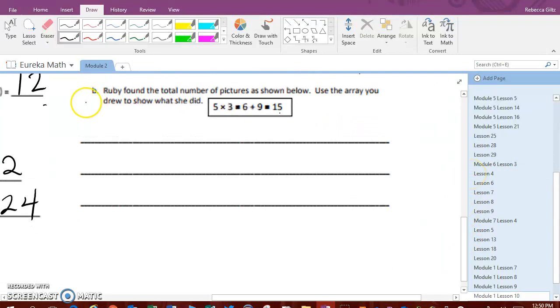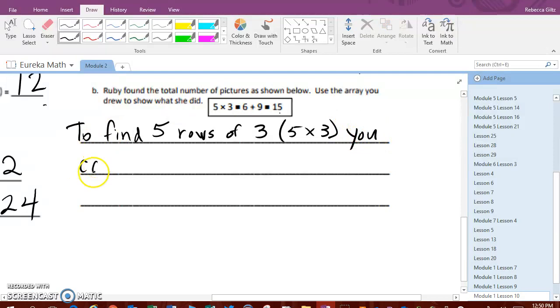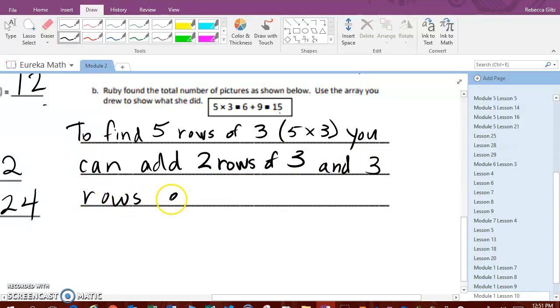So here's what we can write. To find 5 rows of 3, which is 5 times 3, you can add 2 rows of 3, this is 2 rows of 3, the top part of the page, and 3 rows of 3 for a total of 15.